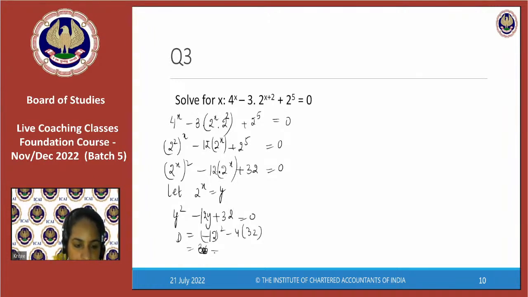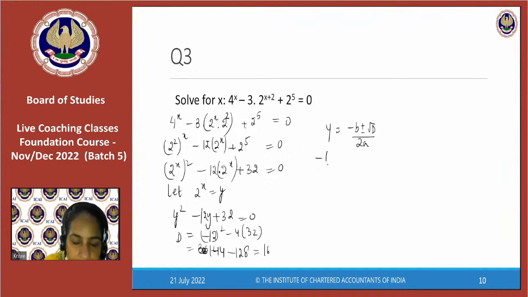So minus 12 whole square is 144 minus 128. So when you are subtracting this, you get D as 16. So your y here, it's not x. Right now we are solving for y. y would be minus b plus or minus root D by 2a.